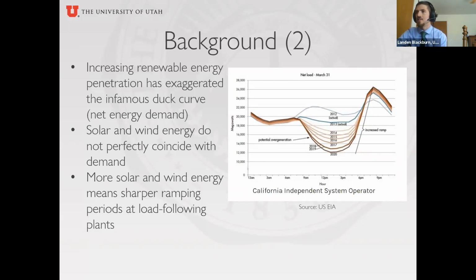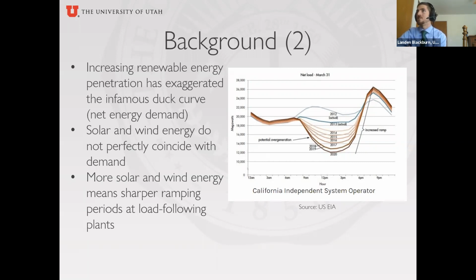You can see here as we progress through time, each year the belly of the duck gets more exaggerated. So you get these steep ramps that need to be met by the collective power stations and generators you have. Those are very difficult because it puts a lot of strain on them and makes them a lot less efficient.